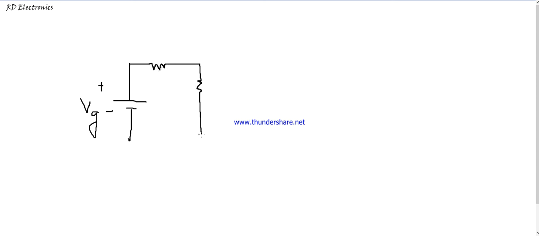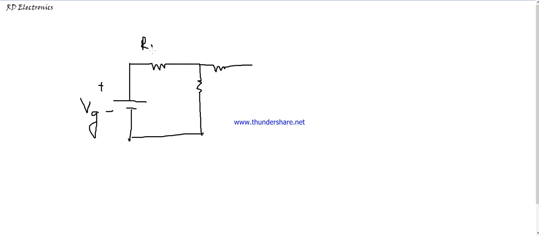For example, this is a voltage source Vg, and consider the one complex circuit here.